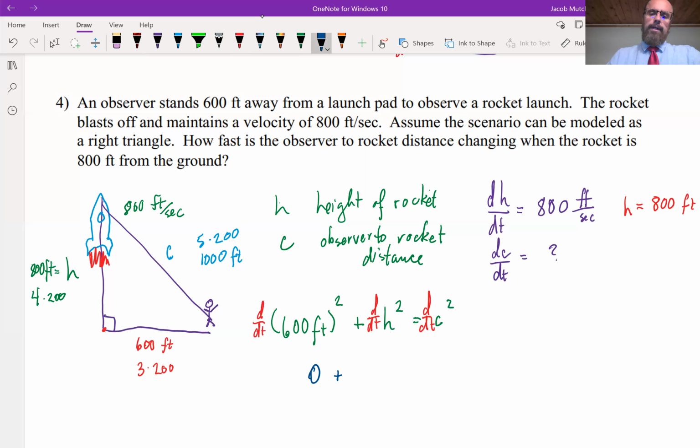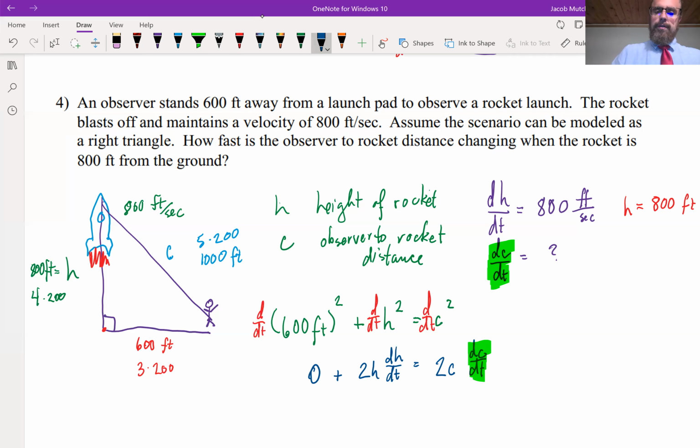Plus 2h dH/dt equals 2c dC/dt. And that equation is now ready for me to substitute information and then solve for the rate that I'm looking for. And the rate that I'm looking for, again, is this dC/dt. That's the one that I don't know.